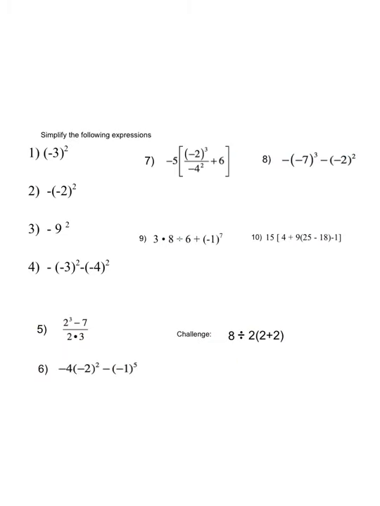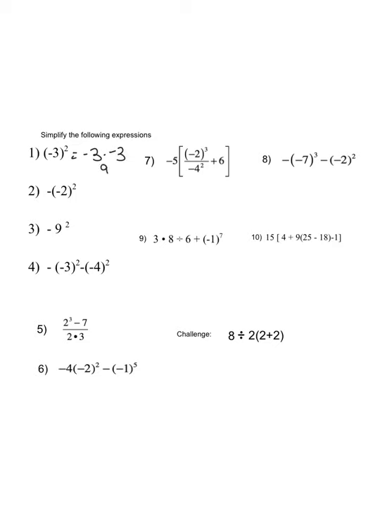So ladies and gentlemen, the first one that we have is (-3) squared. What's (-3) squared? Oh, no calculators. Who got it? Abby, go ahead, tell me. 9. How did you get that? -3 times -3 makes it a positive.